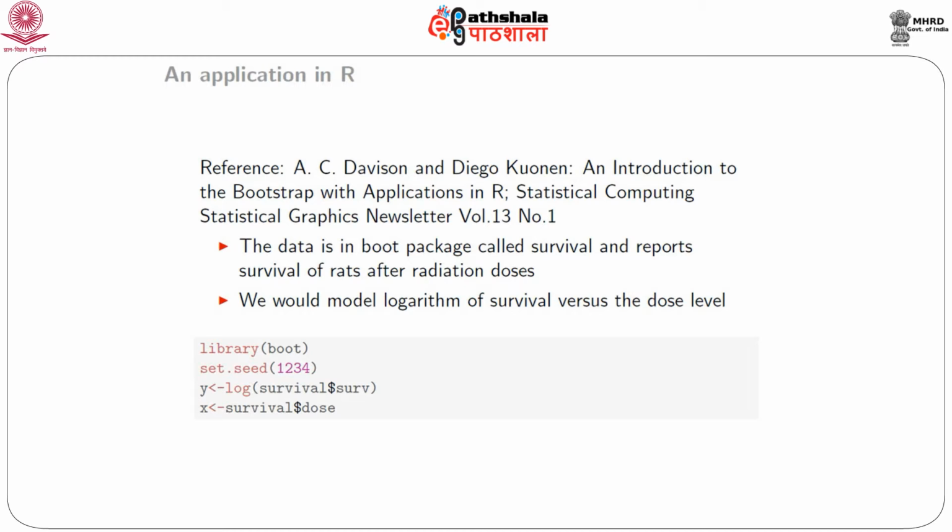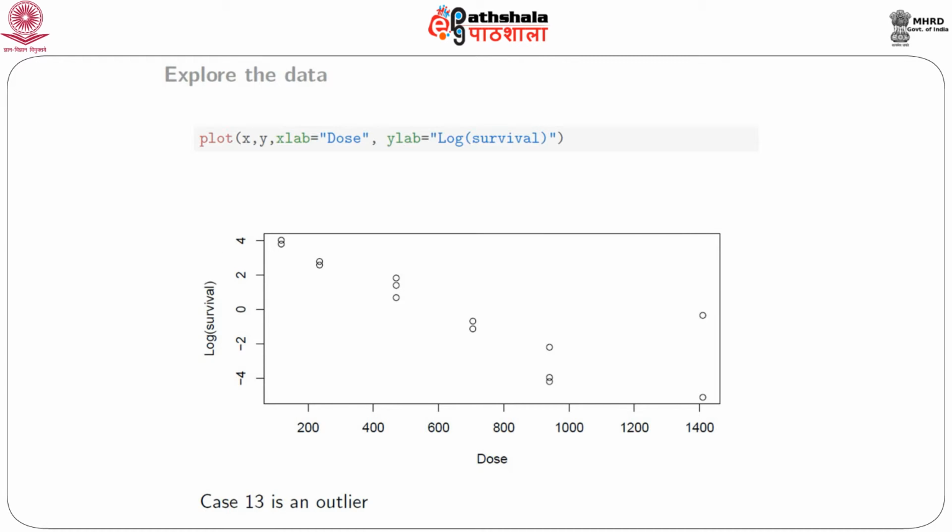The scatter plot of the survival data is shown here, and the theoretical relationship between survival rate and the dose is roughly exponential. So, a linear regression applies to log survival explained by the dose. So, here y is log survival and x is dose.